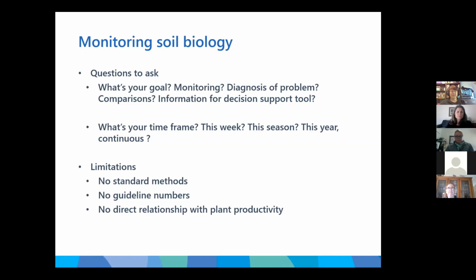And there are also no specific numbers that will tell you whether your number is good, bad, or indifferent. There's a lot of work in this area, but I've got to say there are some limitations. And there's also, to date, no direct relationship with plant productivity. So this too will be a focus of future research.